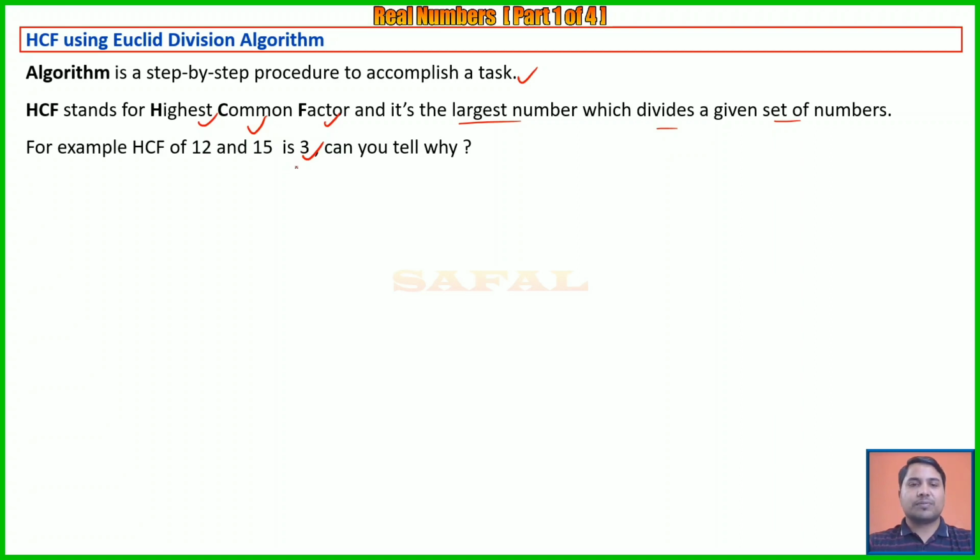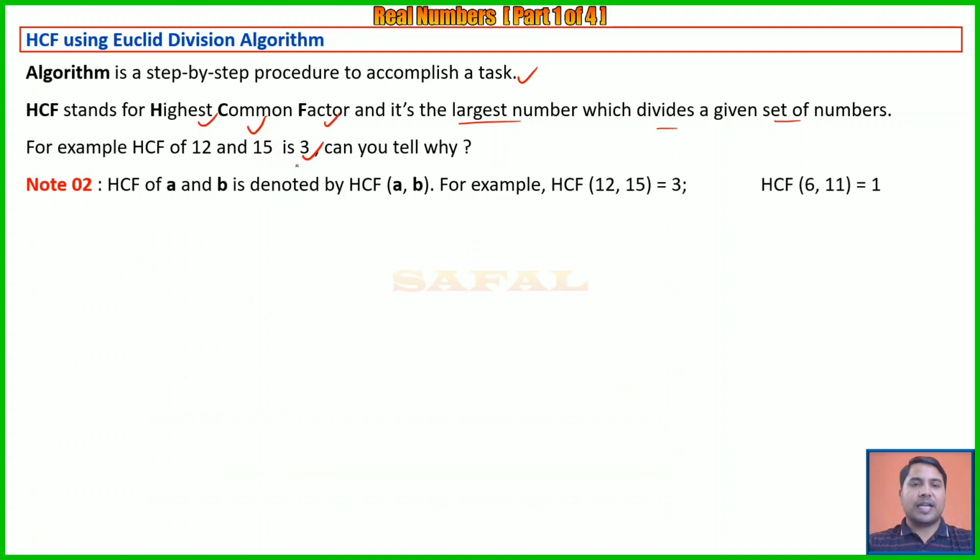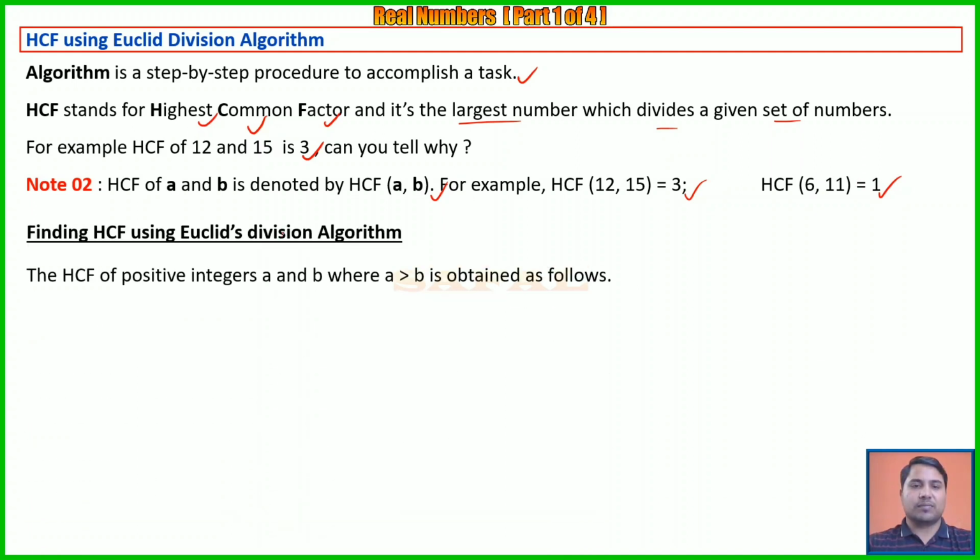One more thing, the HCF of two numbers we denote by HCF in parentheses a comma b. For example, HCF of 12 and 15 is 3, represented like this. Similarly, HCF of 6 and 11 is 1. Now we'll see what the steps are to find the HCF of two given positive integers.